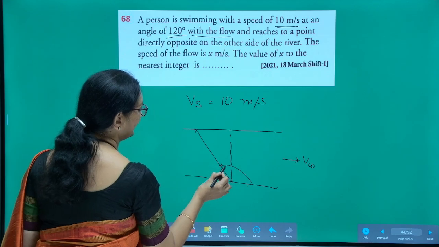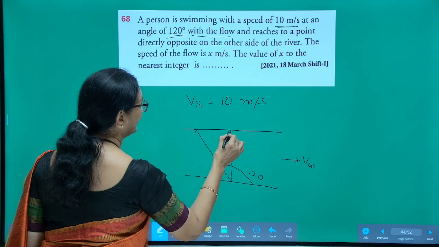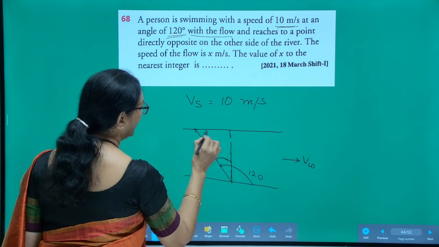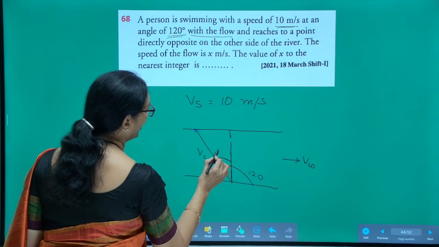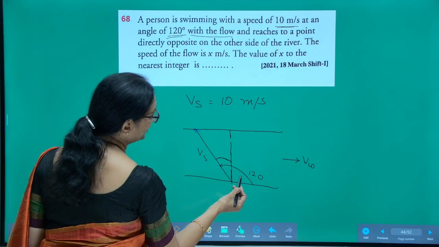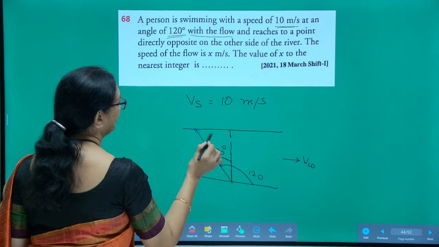So, this angle is 120 degrees. So, angle made by the velocity of the swimmer with the normal of the flow will be 120 minus 90, this will be 30 degrees.